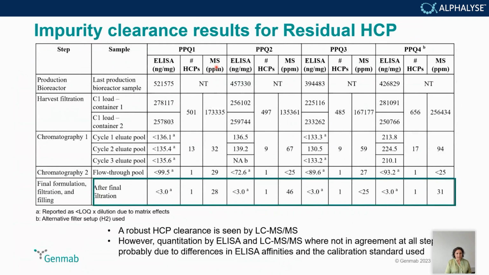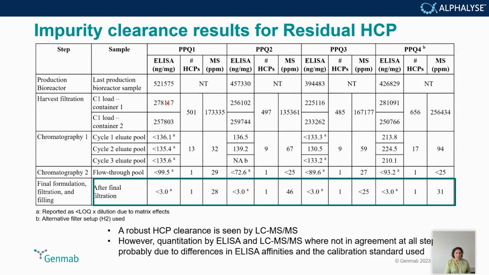So we can see that we have a lot of HCPs in our last production bioreactor sample. Unfortunately, we didn't analyze the same sample by LCMS, so we only have a few selected samples analyzed by LCMS.